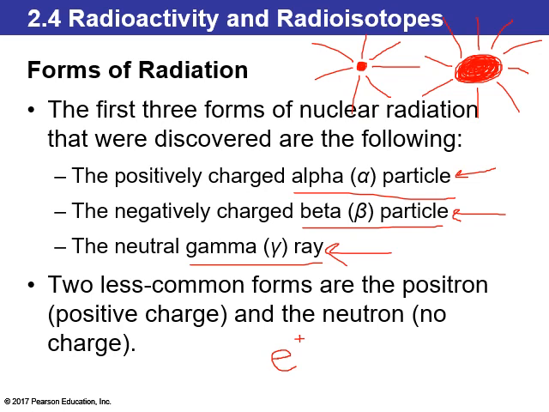So we'll talk about some materials that can undergo positron radiation, how they do that and how it's used in PET scans. We can also have an emission of a neutron, which gives off no charge. There's really no change to the charge of the nucleus there with neutron emission.